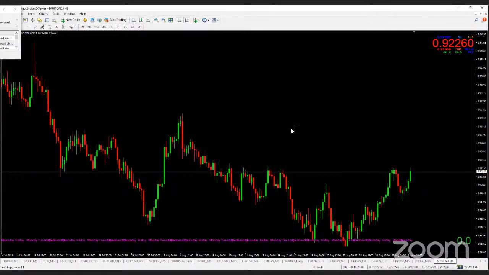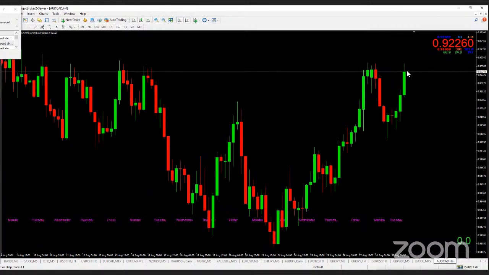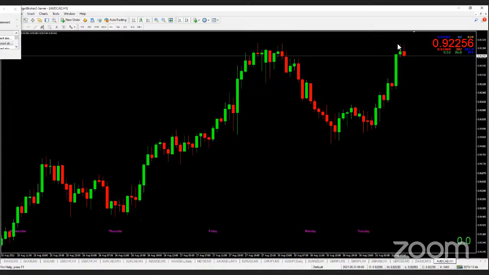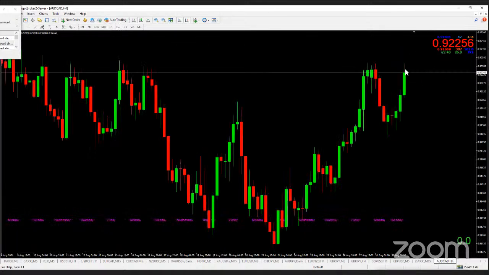So we see here on the 4 hour, you can only tell that yes, the price has been pushing up, but it's pulled back slightly. But if you go to a lower time frame like the 1 hour, you can see the candle, which is red. On the 4 hour, you can't see the red candle. You can only see that it's pulled back. But with experience, you can tell that must be a red candle playing out there.